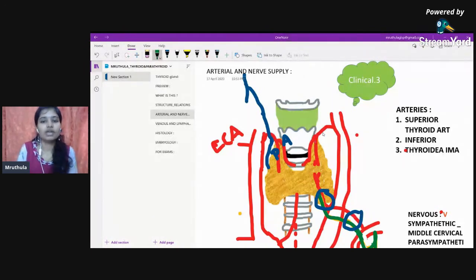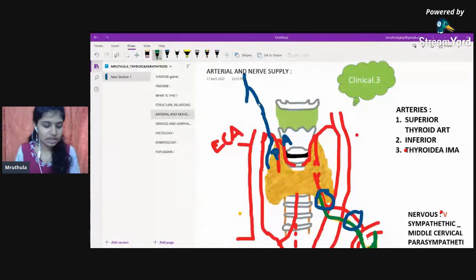Clinically, there is an importance for this. Let me tell for the external laryngeal nerve, then you will tell me for the recurrent laryngeal nerve. The external laryngeal nerve, as we mentioned, is close to the superior thyroid artery, distant to the gland. Now when we perform thyroidectomy, a surgery where the thyroid gland is removed, first of all we will ligate all the arteries supplying the gland.